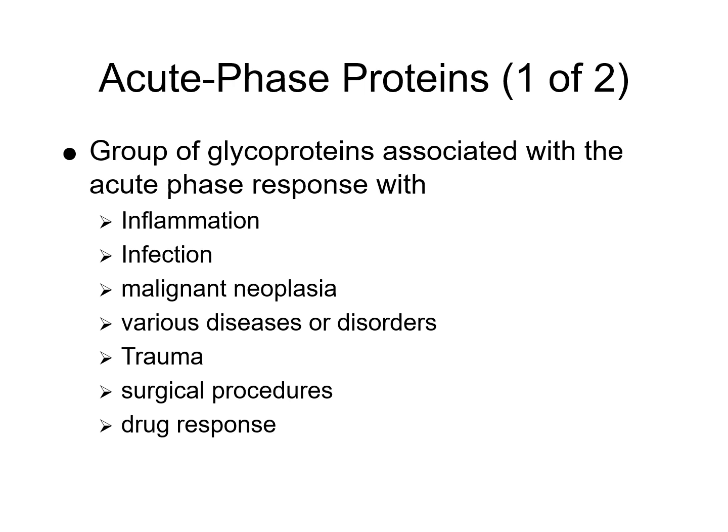Some triggers of acute phase protein production are inflammation, like an autoimmune or inflammatory disease; infection, so bacterial, viral, or even fungal pathogens; malignant neoplasms, so tumors, cancers; various diseases or disorders, so chronic illnesses usually; trauma, so injury or tissue damage; surgical procedures, so tissue injury from those; and drug responses, so certain medications can alter your acute phase protein levels as well.